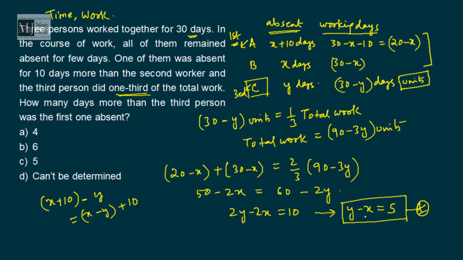Now we have y minus x is 5. That means x minus y is minus 5. This is minus 5 plus 10, that is 5 days. First person was 5 days more absent than the third person. It can't be that it cannot be determined. We can determine this because it depends upon what question is asked, and yes, answer would be 5 days.